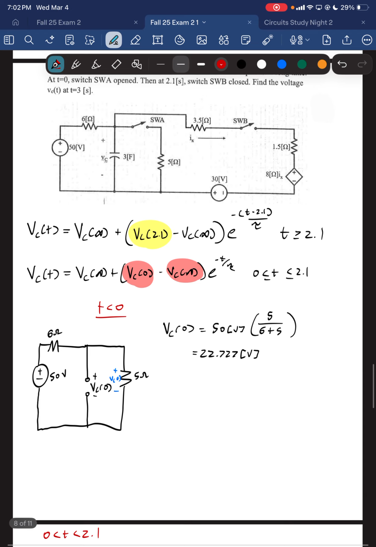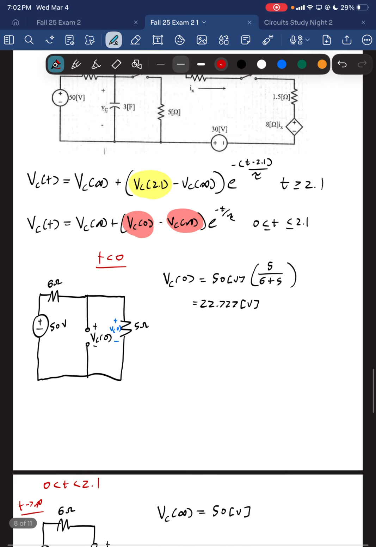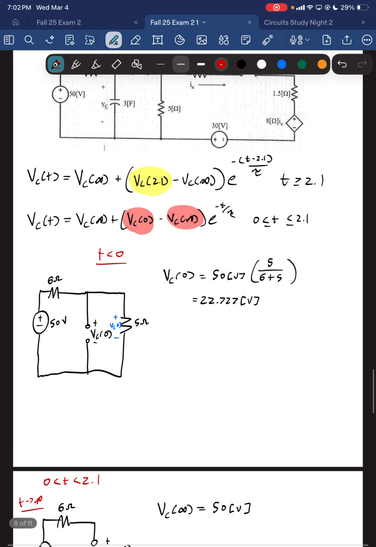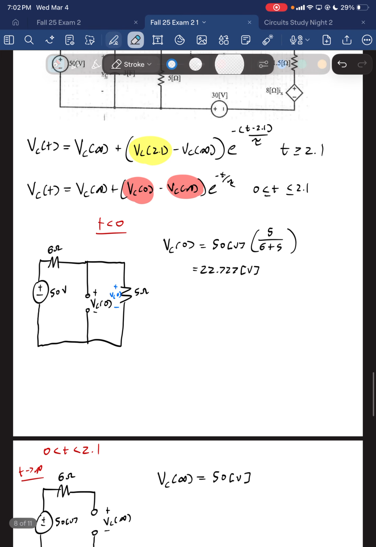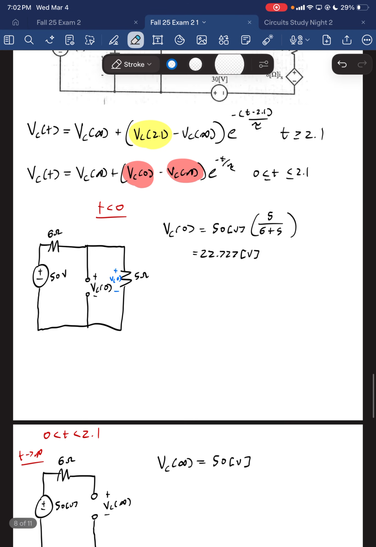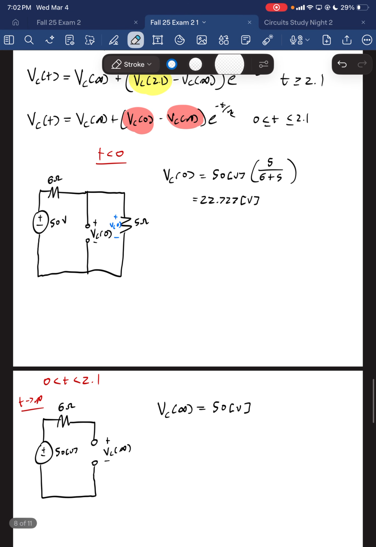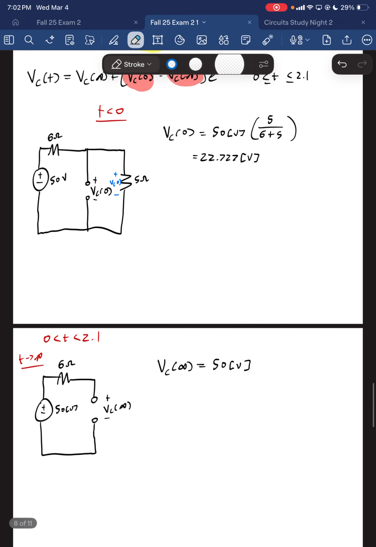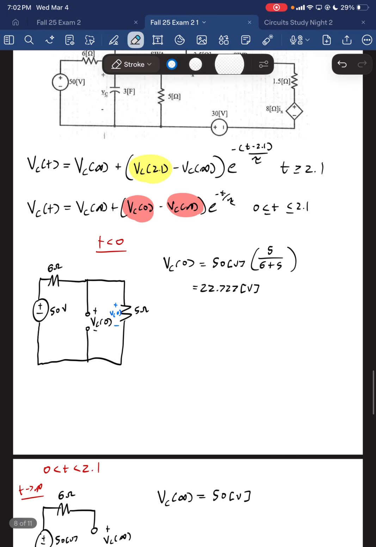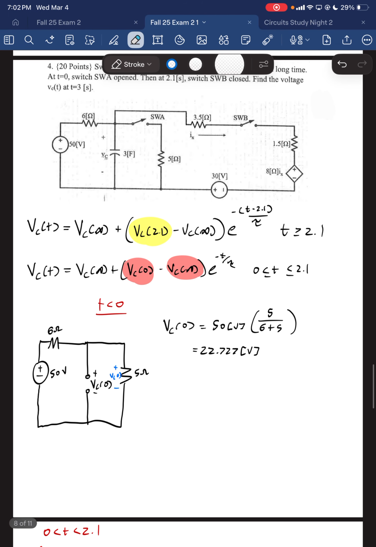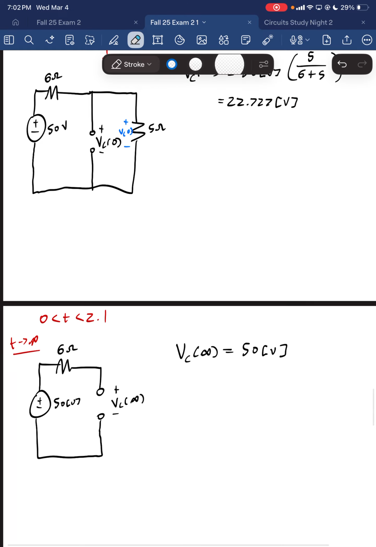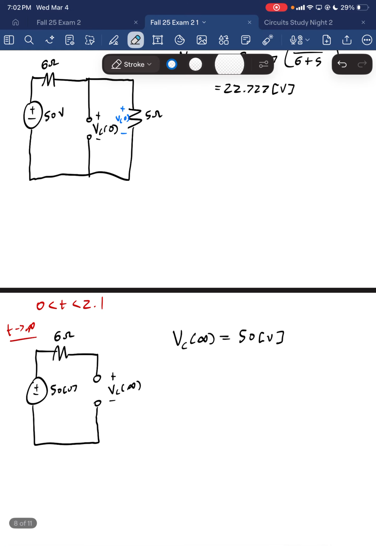Can you just say that the time frame is t equals 0? T equals 0, switch A is open. So this circuit holds for this time frame. That's why I'm writing this time frame.